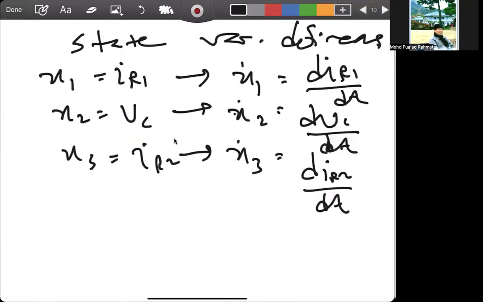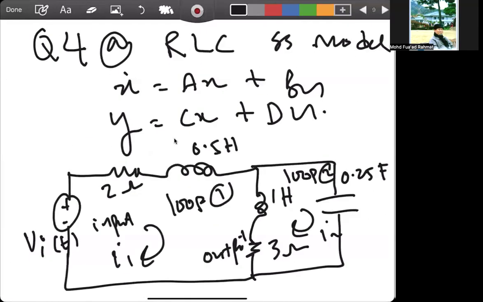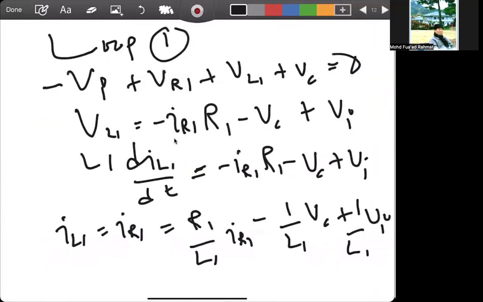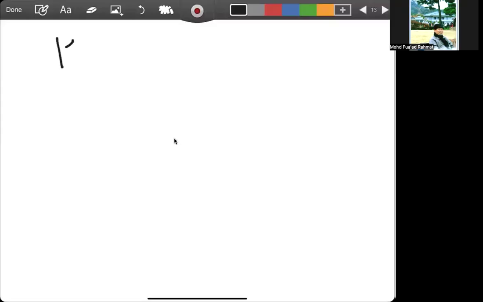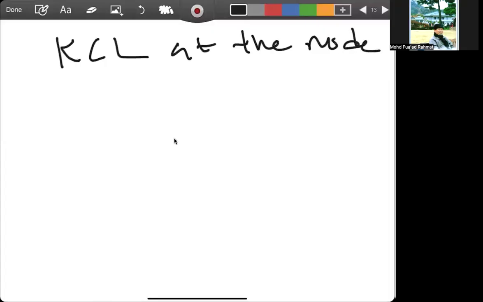And if you look here at the circuit, there is a node there. So Kirchhoff's current law at the node: IL1 plus IL2 is equal to IC.